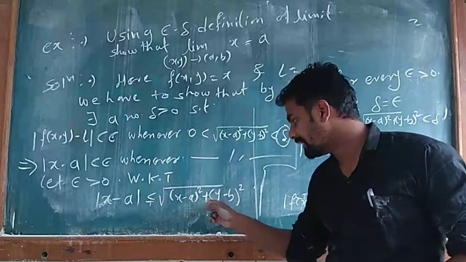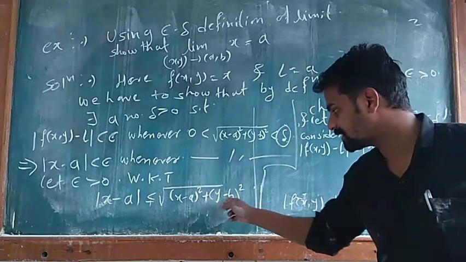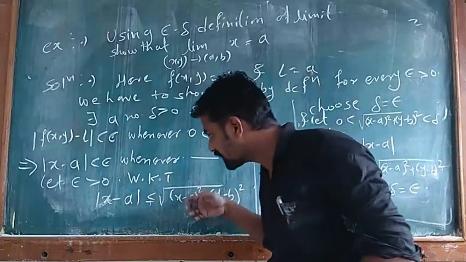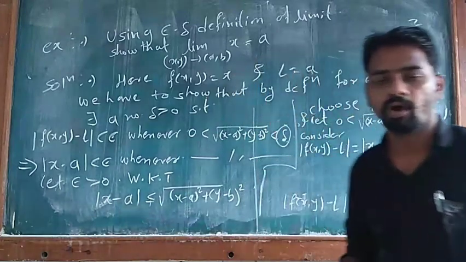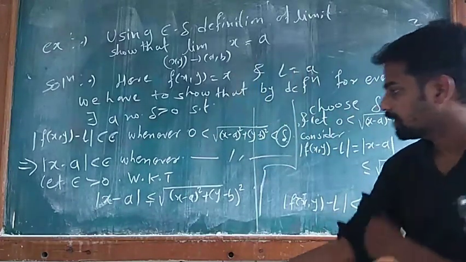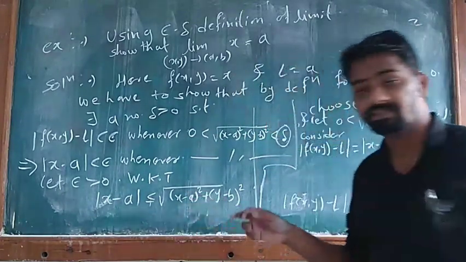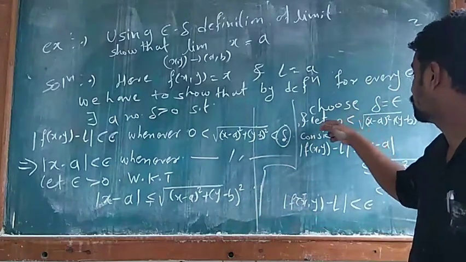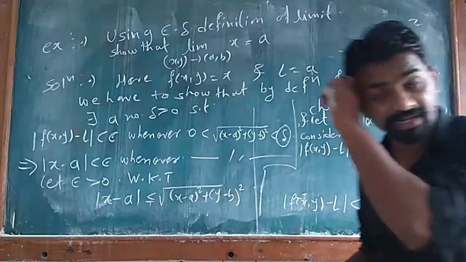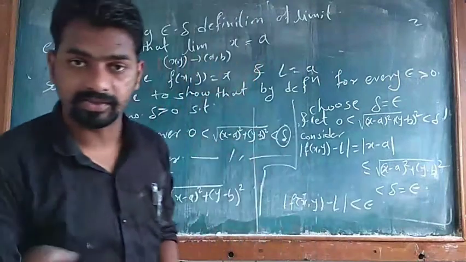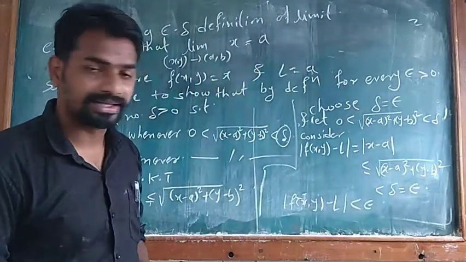Therefore, if we add (y − b)² under the root, this is greater than or equal to |x − a|. Okay, but we know that 0 < √((x − a)² + (y − b)²) < delta.